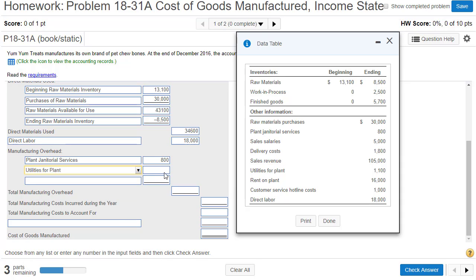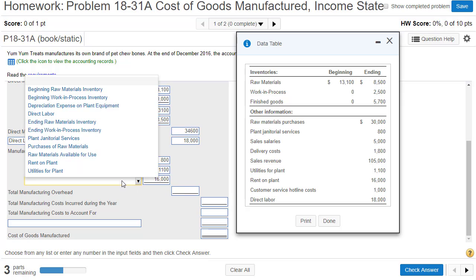Utilities for plant, 1,100. And the next one, we got rent on the plant. And of course, the plant is where we make the product, so that's a product cost. And rent, you can't trace it to any certain product, so this is a manufacturing overhead cost. $16,000, copy and paste, rent on the plant.